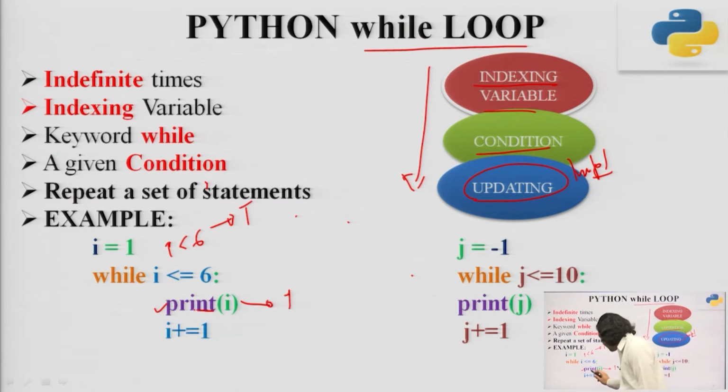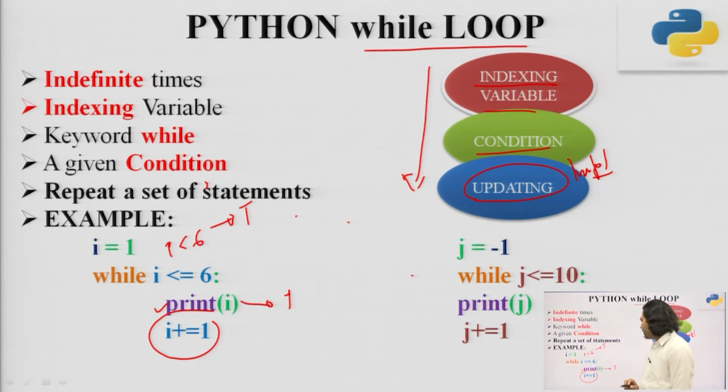Next, this I plus equal to 1 is very important. We have already dealt with this symbol in assignment operators, where it is written as I is equal to I plus 1.